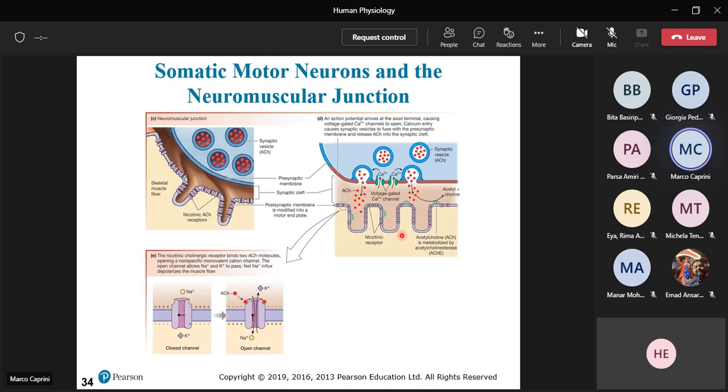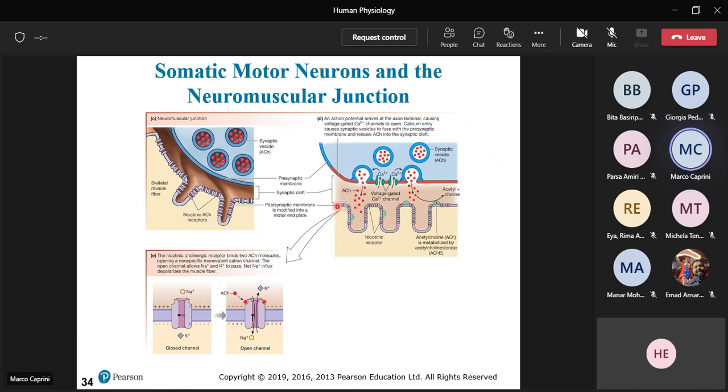I would also like to remind you and highlight that the action potential from the neuromuscular junction, from the EPP, moves down the T-tubules.